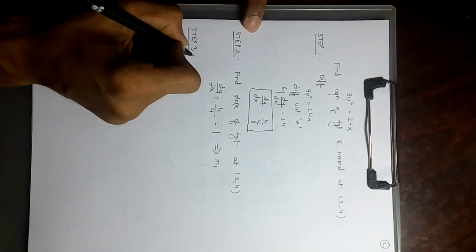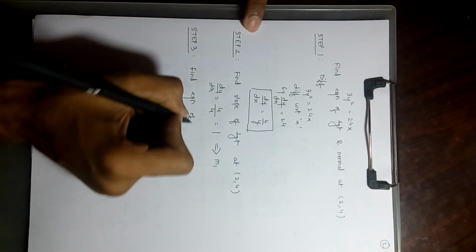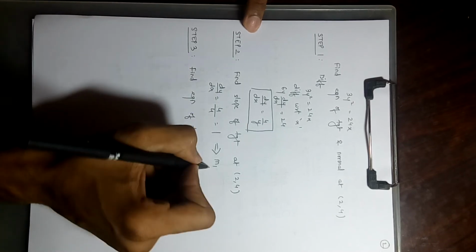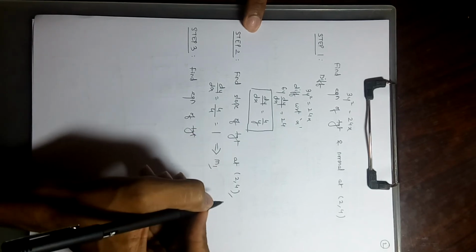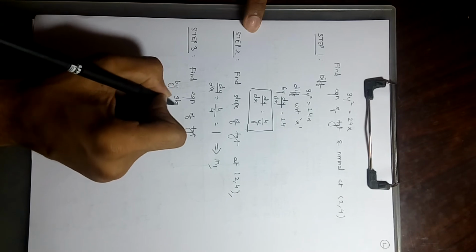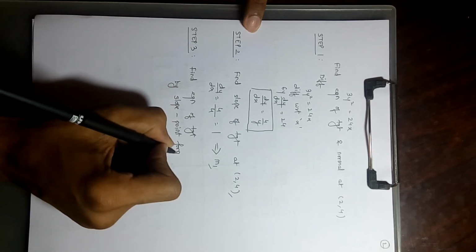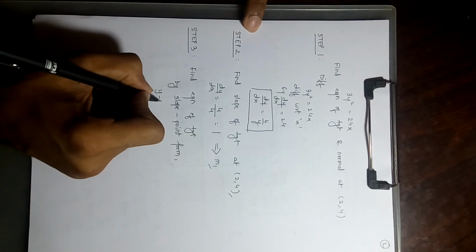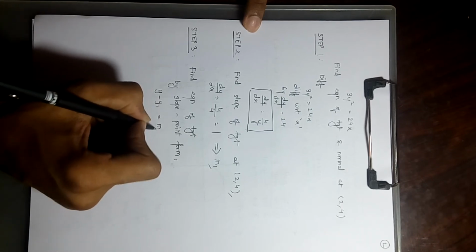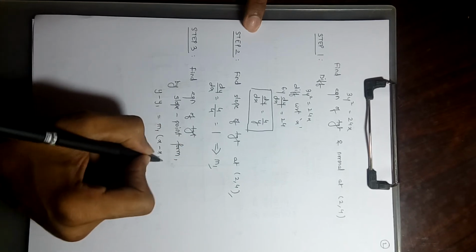Step 3, find the equation of the tangent. Now I have slope m1, I have point x1, y1, so I use slope point form. By slope point form, y minus y1 equals slope m1, since I'm using m1, times x minus x1.